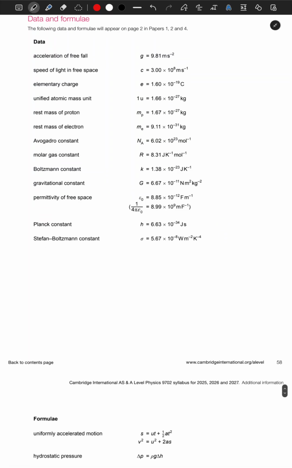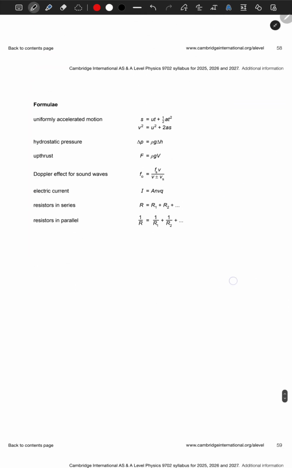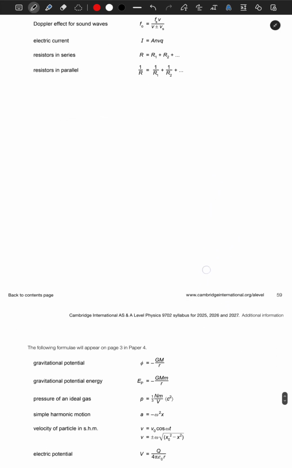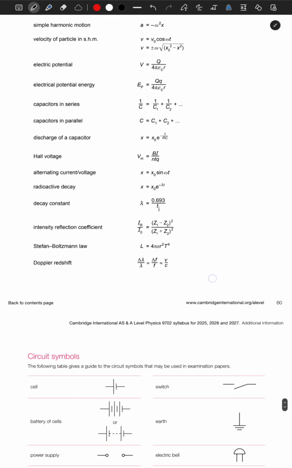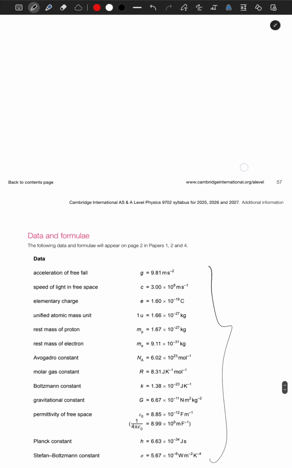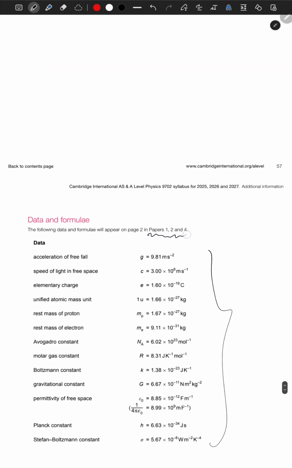For example, you need not know the charge, it's 1.6 times 10 to the minus 19 coulomb. These are already given to you, so you need not remember these things. And some of the formulae are also given. You see? And this is available during paper 1, 2, and paper 4.